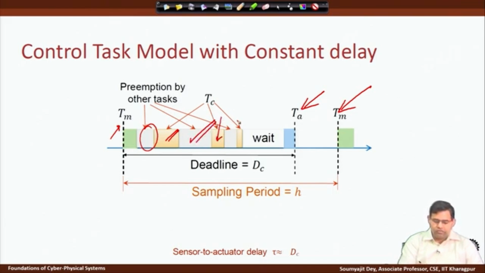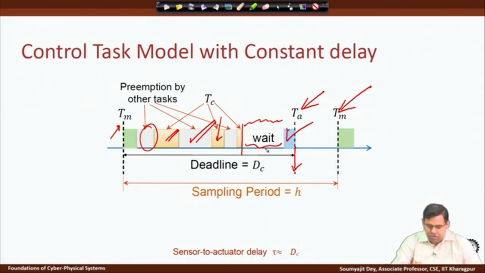It started again here, but could not start initially because it can only start after the sensor task has executed. Again it has to wait here because this resource is busy. Eventually it executes and finishes here. Immediately after, the actuation task could not start, so there was some wait because somebody else was occupying the CPU. Eventually this control input was processed by the actuation task here, and this is where the actuation output is available.